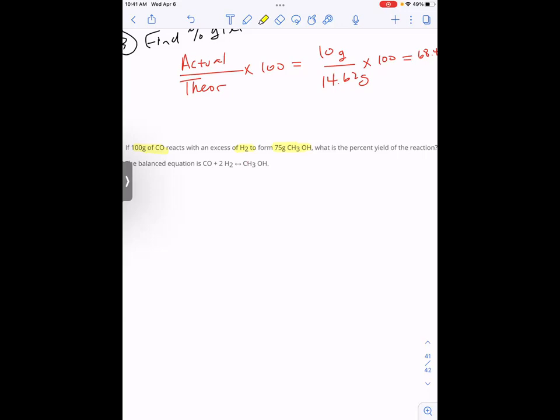So what do I need to do to find the percent yield for this problem? If I know the limiting reagent off the bat, how do I find the theoretical yield?